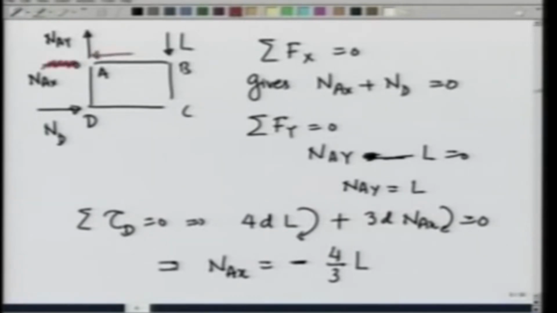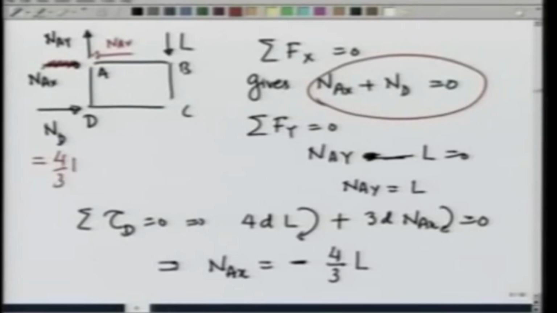So, this is NAX. And from the equation NAX plus ND equals 0, ND also comes out to be in the right direction, 4/3 L.